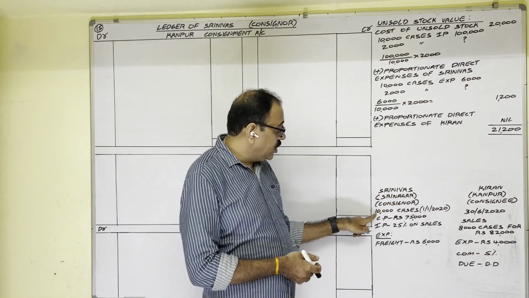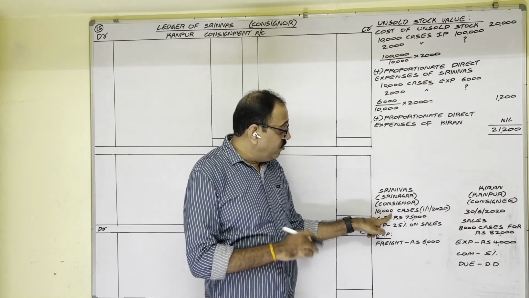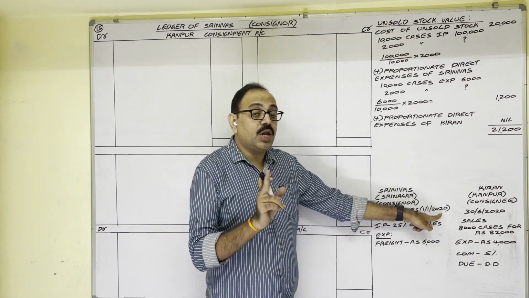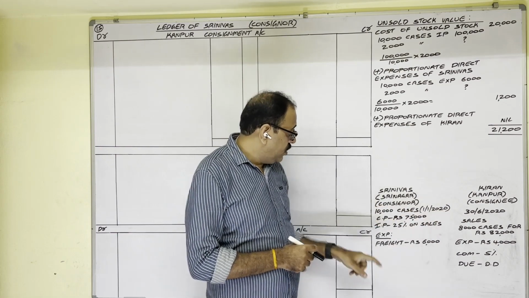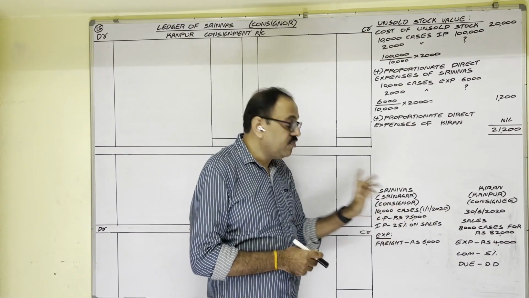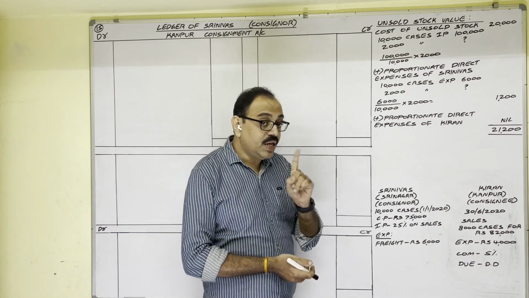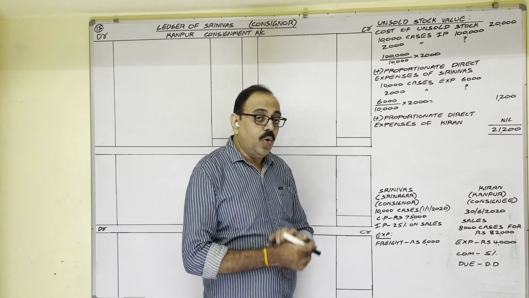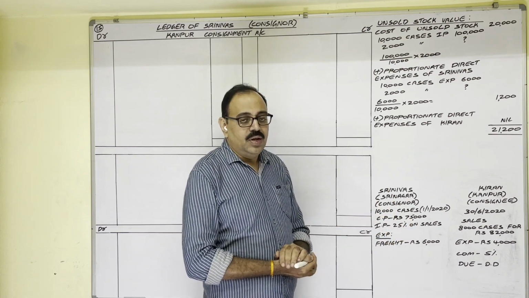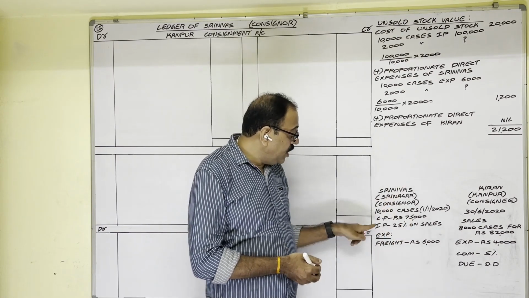Srinivas sent 10,000 cases on 1st January 2020. So dates are also given here. Then the cost price of these 10,000 cases is 75,000, not the cost price of one case. The total cost price of 10,000 cases is 75,000 and he sent them at invoice price.